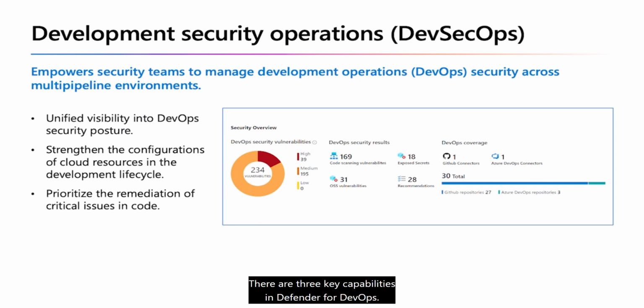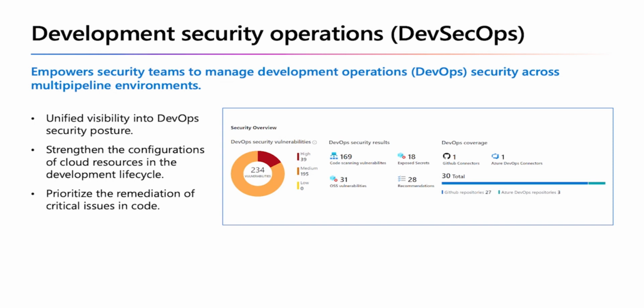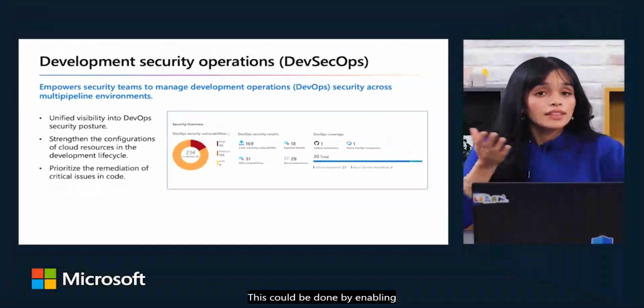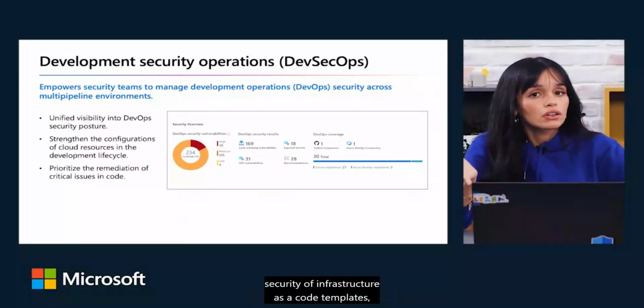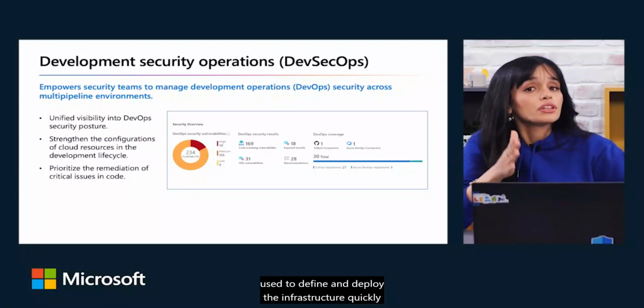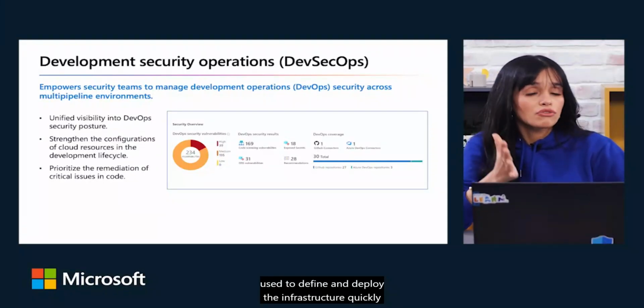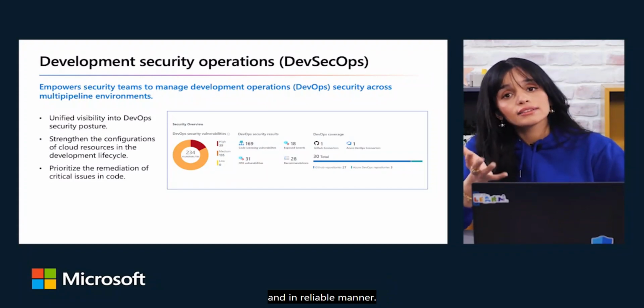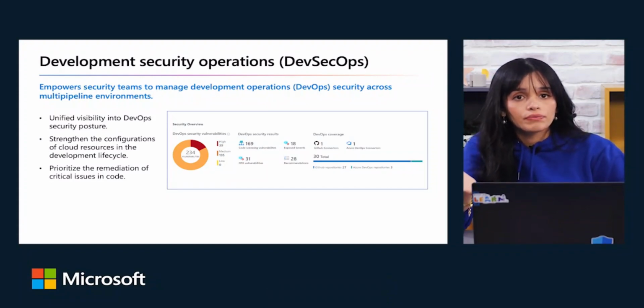There are three key capabilities in Defender for DevOps. First, it provides unified visibility into DevOps security posture. Second, it strengthens cloud resource configuration throughout the development lifecycle. This can be done by enabling security of infrastructure-as-code templates used to define and deploy the infrastructure quickly and in a reliable manner.